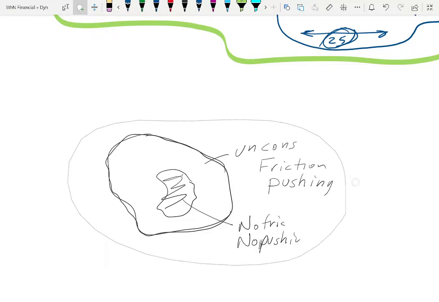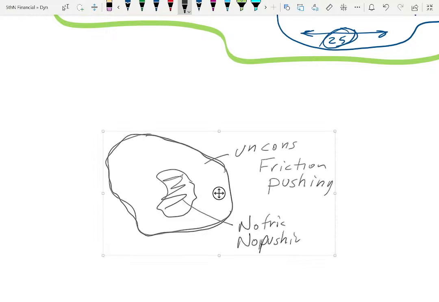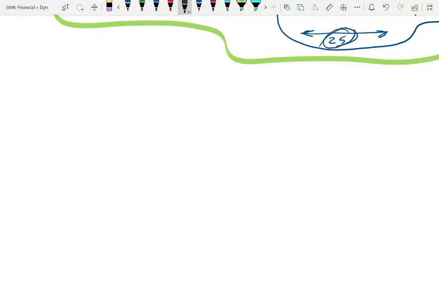So here's my approach. My approach is to identify all the different versions of energy. Okay, so I've got something that happens at T1. What are all the versions of energy? 1/2 mv1 squared, plus mgh1, plus 1/2 ks squared.